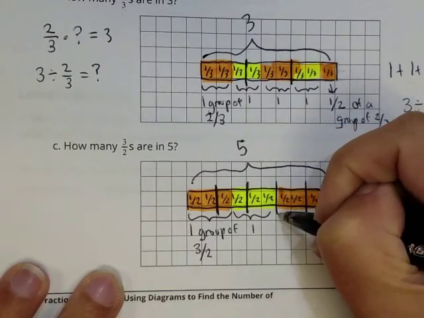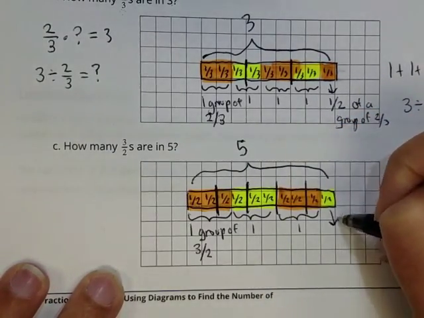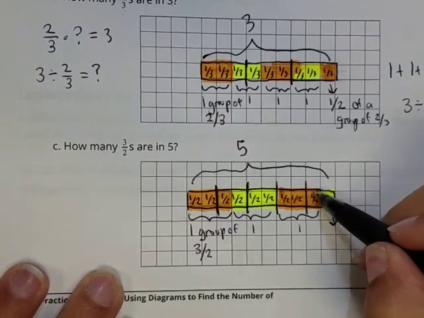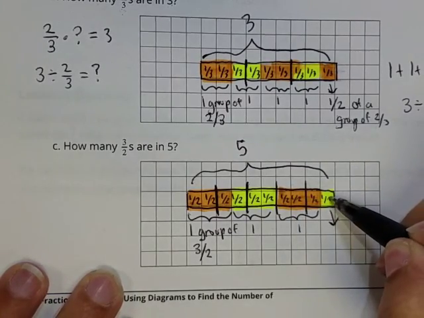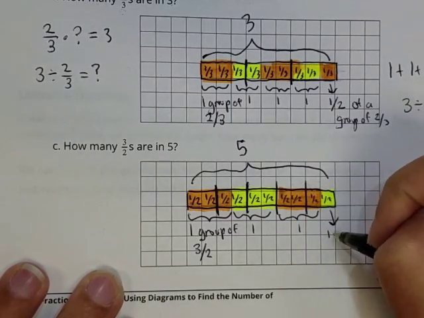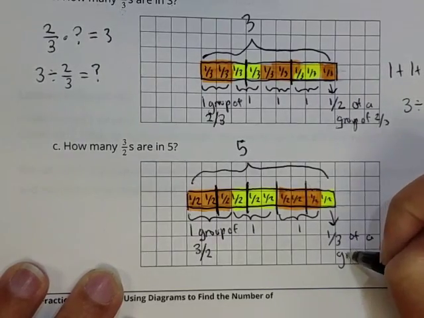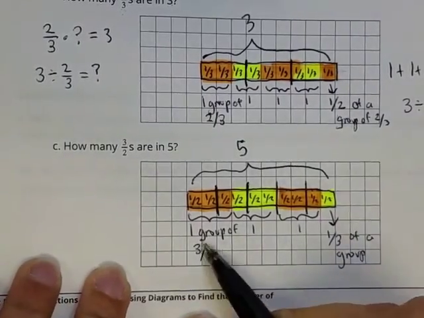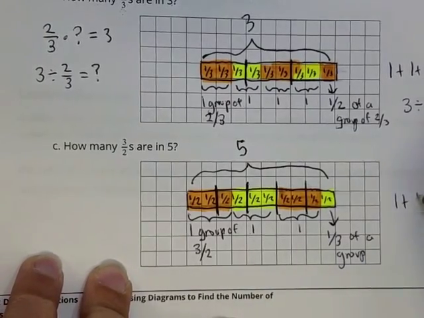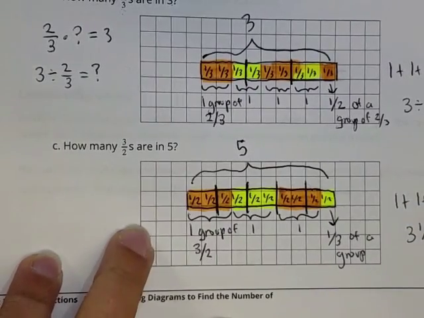This is 1, this is 1, and this one is 1 out of, what did we need? 3. So 1 out of 3 is 1/3 of a group. So I have 1 plus 1 plus 1 plus a third. So I get 3 1/3 groups.